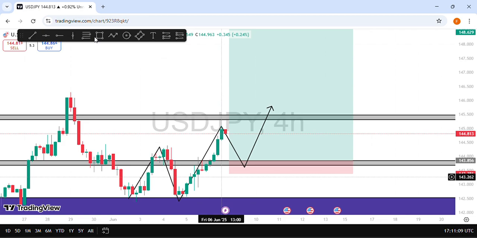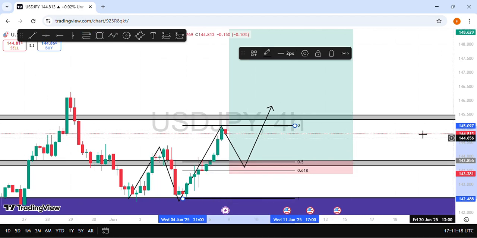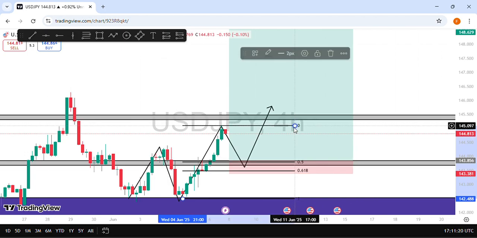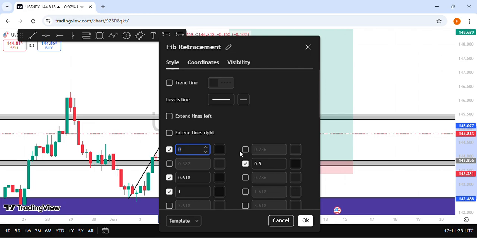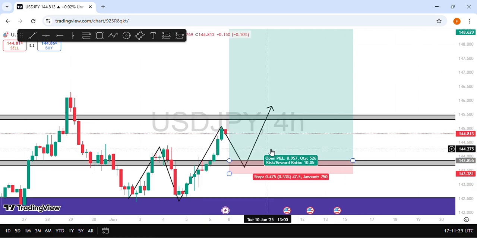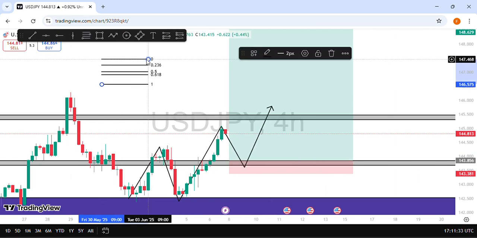Now I mostly use my fib to identify where it's going to go next. So let me quickly do something here. Sorry guys. Set my fib.